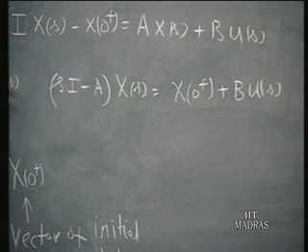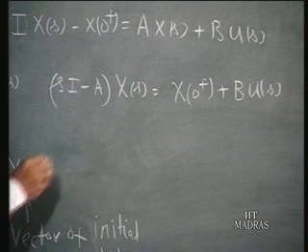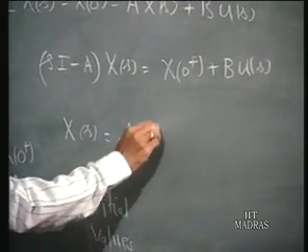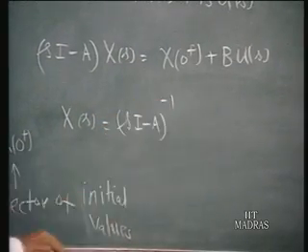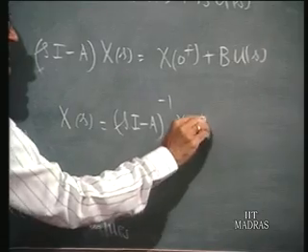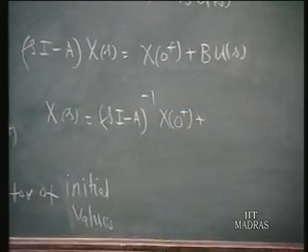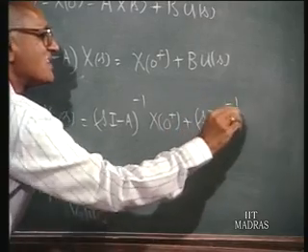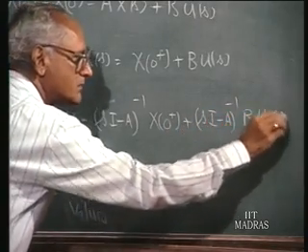So you can think of multiplying this entire set by the inverse of this matrix. We will assume that it exists, and then we get the solution for x of s. Therefore I can write x of s as sI minus A inverse multiplying x0 plus, the initial state vector, plus sI minus A inverse B times u of s.